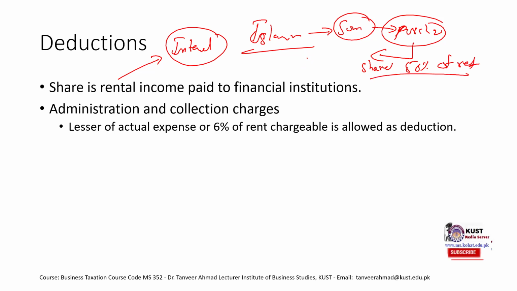So instead they do not charge interest, but rather they want some share in the rental income. Once we have paid back the principal amount, then we would not have to pay the share. So that share in rental income is an alternate to interest that is also allowed as deduction.